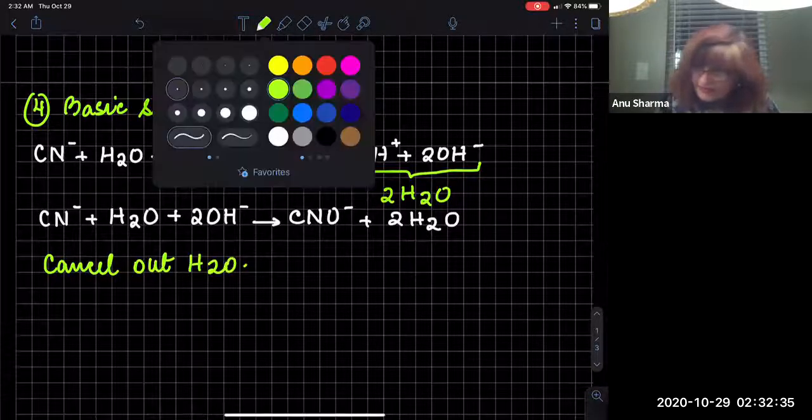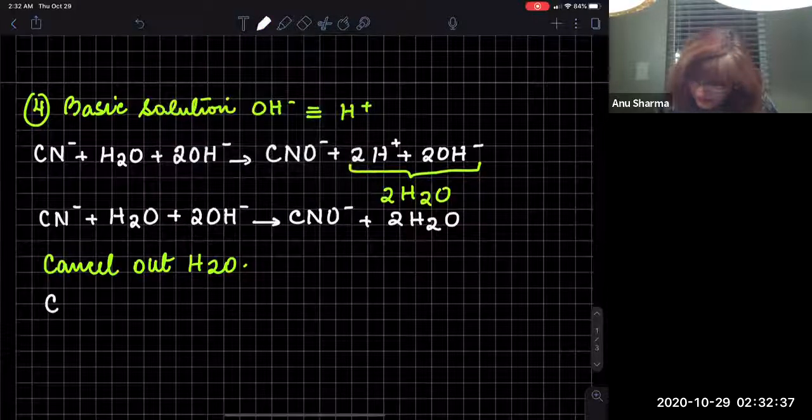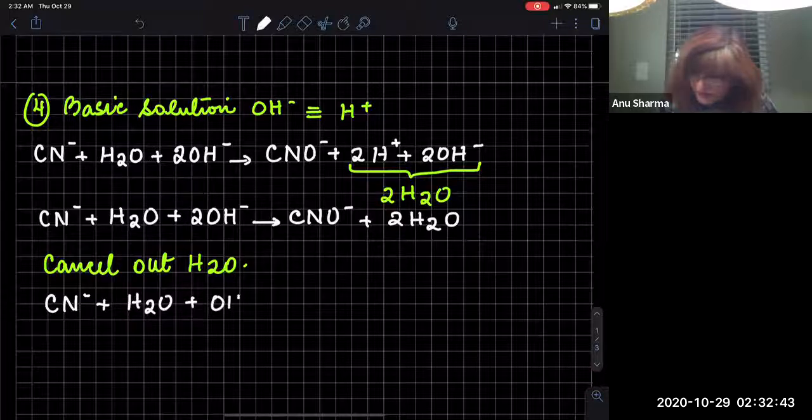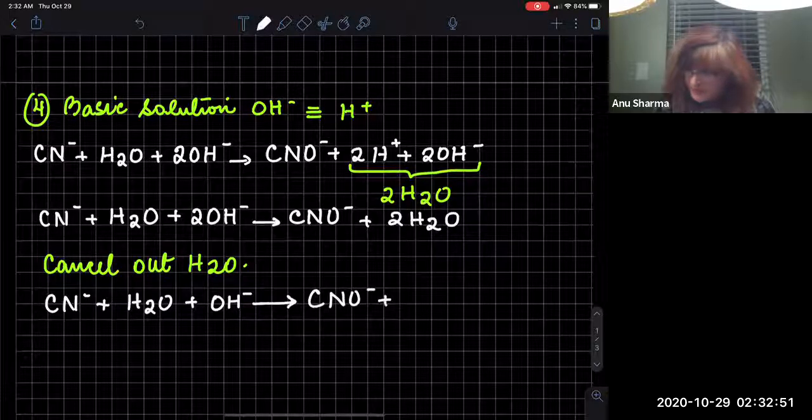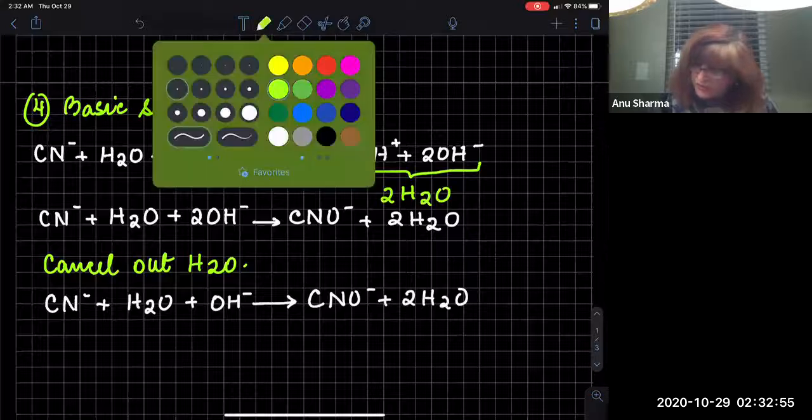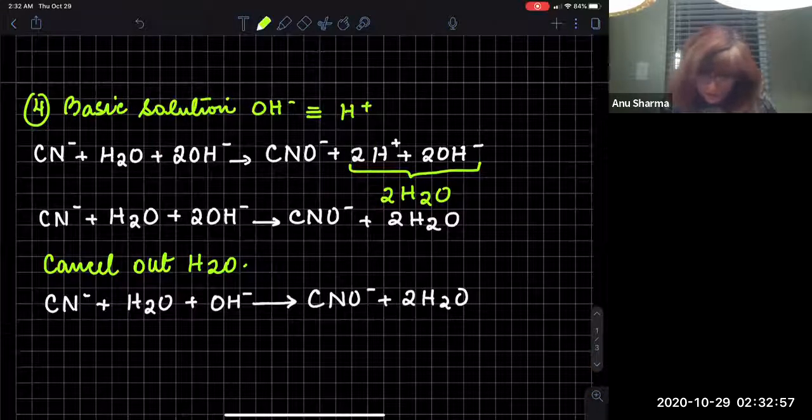So that means that, let me write this again, CN negative plus this water molecule is going to be cancelled out with the two water molecules. So that really is going to leave us with only one water molecule. So CNO minus plus 2H2O. So now let's cancel out. This 2H2O and this one water molecule is going to cancel out.